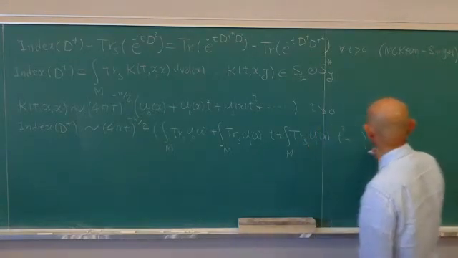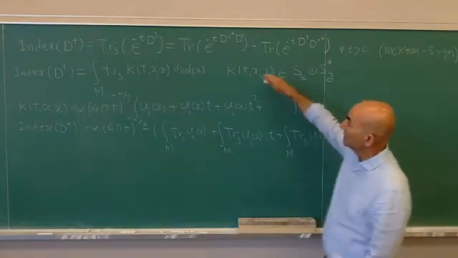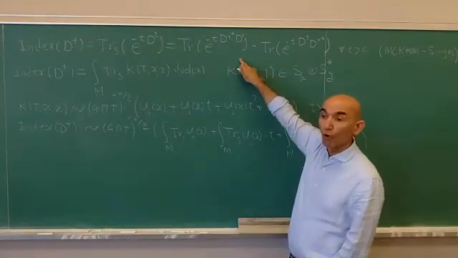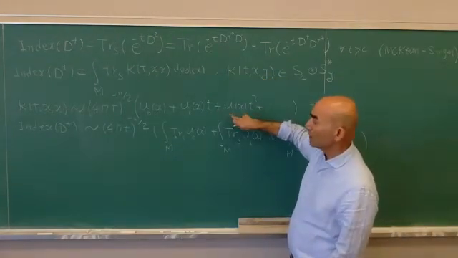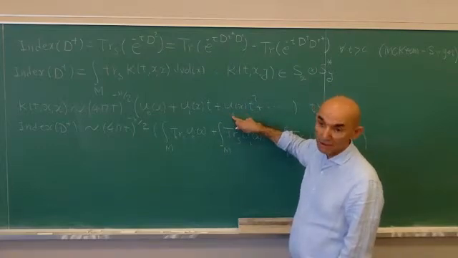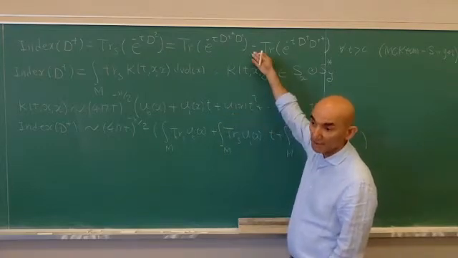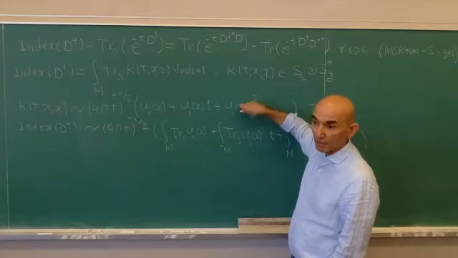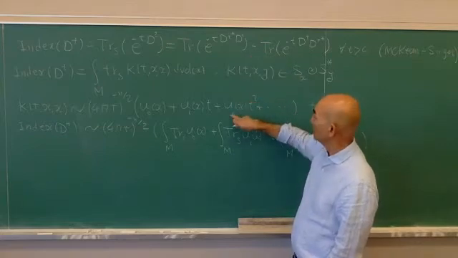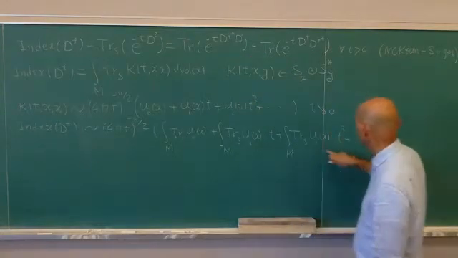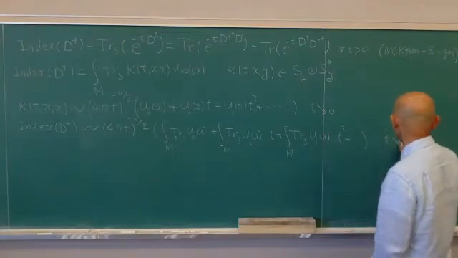This expression is true for all t, but this expansion is for t near 0. Because the first is true for all t, we just apply it for small t. So this is as t goes to 0.